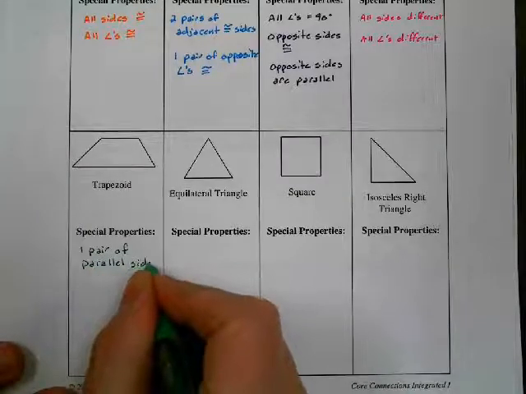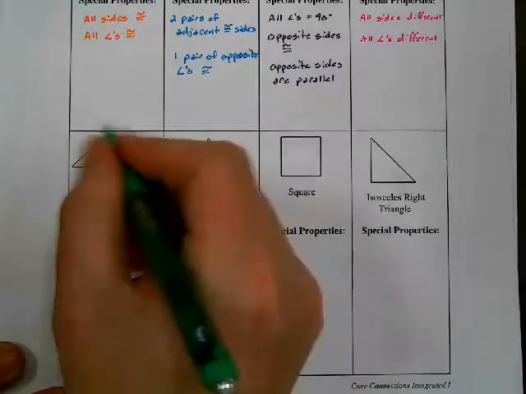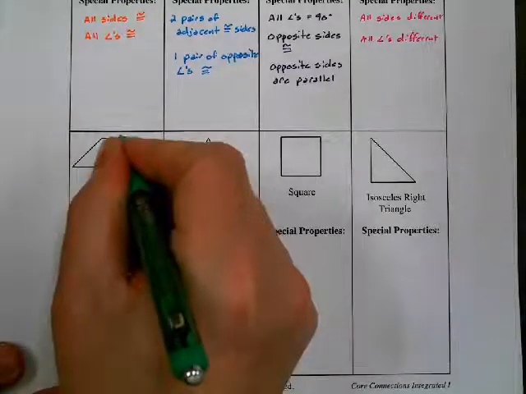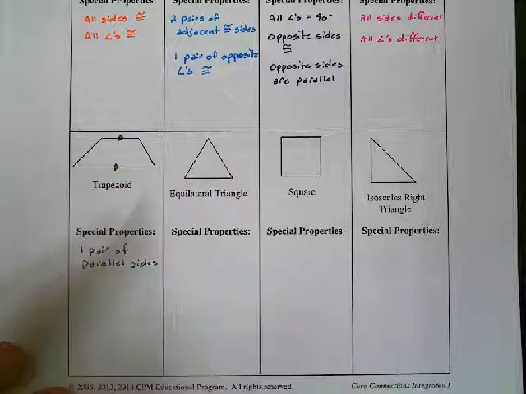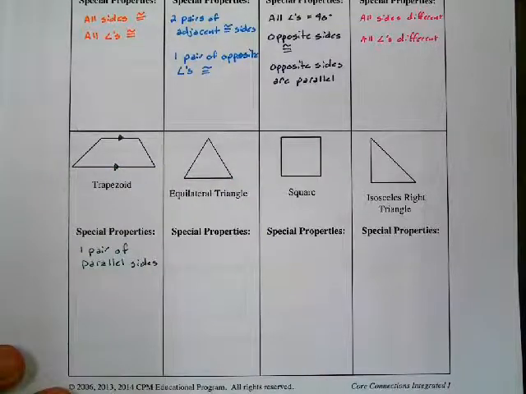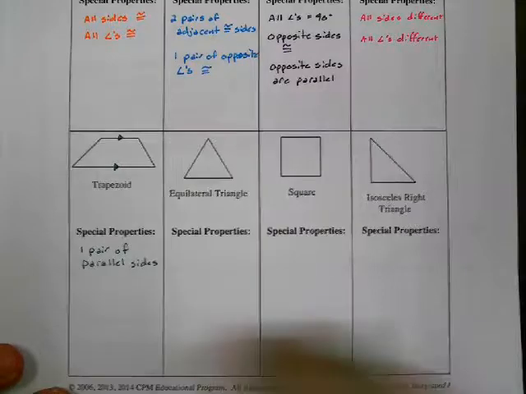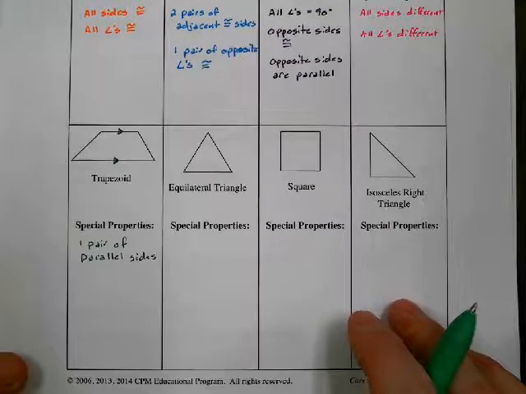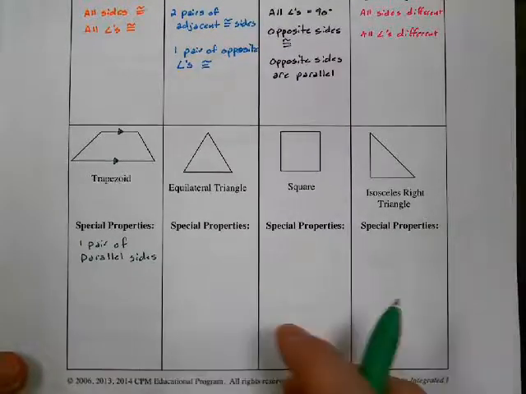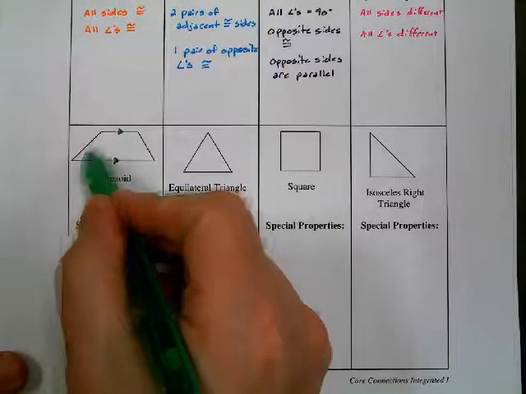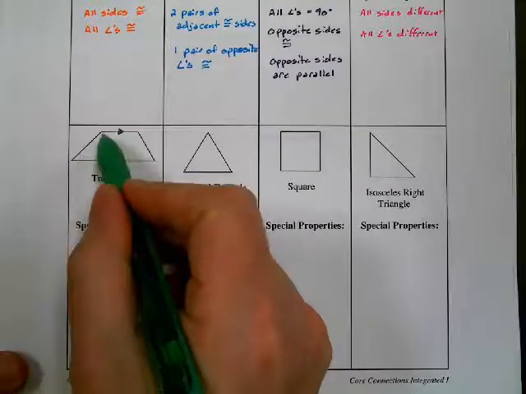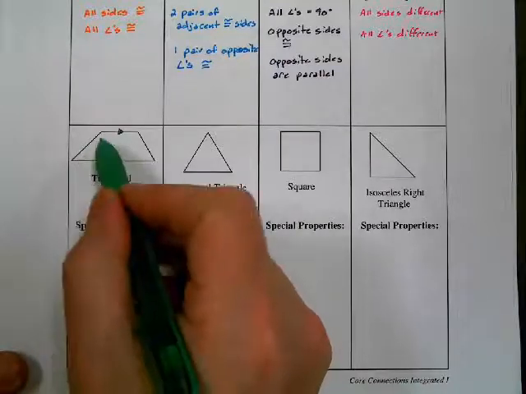So this side here is parallel to this side here. And that's about all we can say about that. Okay, next up, we can also look at these two angles and go, oh, those are same side interior angles, so these two angles would be supplementary to each other. But I think we'll skip that for this one.